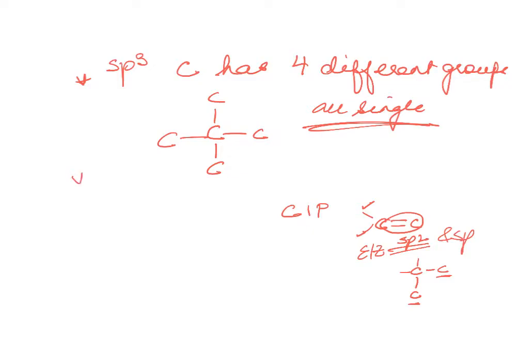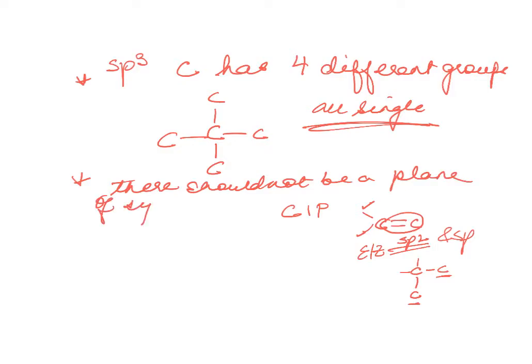The other requirement, which I already talked about, was that there should not be a plane of symmetry or a line of symmetry going through the molecule. So that's another requirement for something to be chiral.